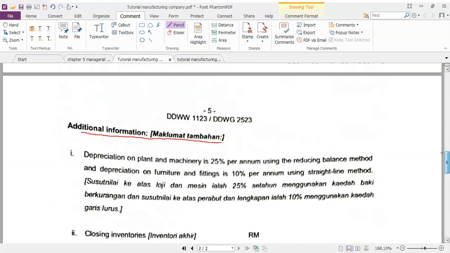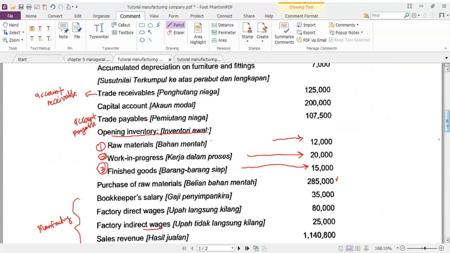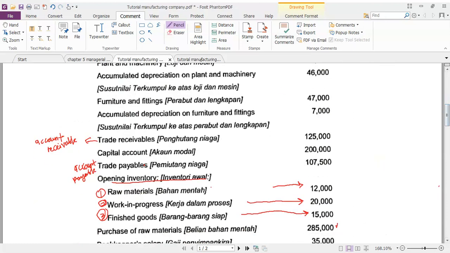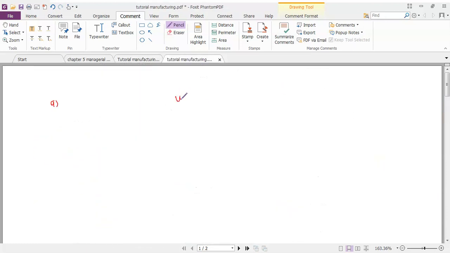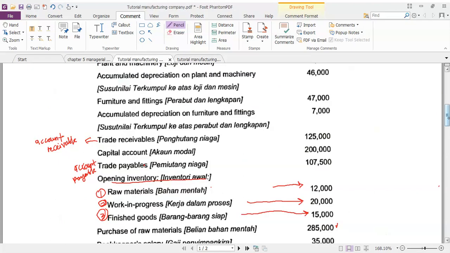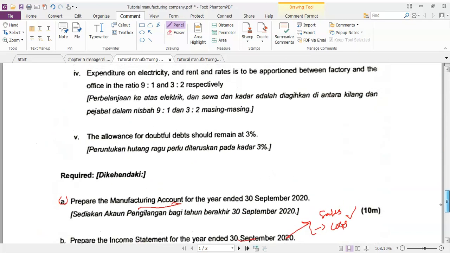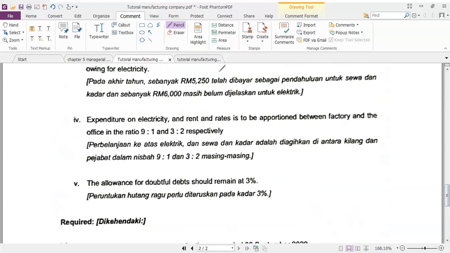Okay, manufacturing account. Apa dia punya tajuk company dia ya? UIC Manufacturing. Manufacturing account for the year ended 30th September.